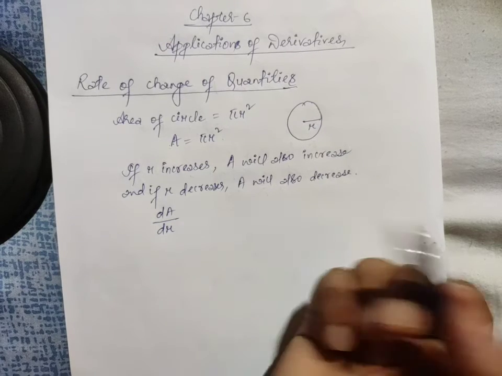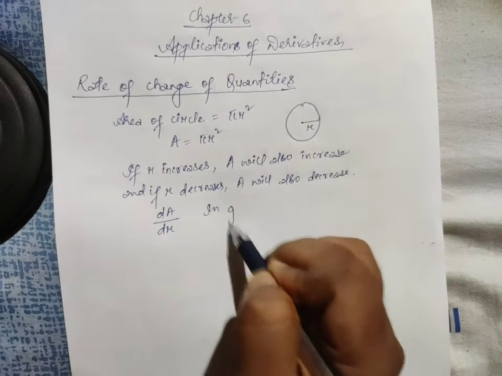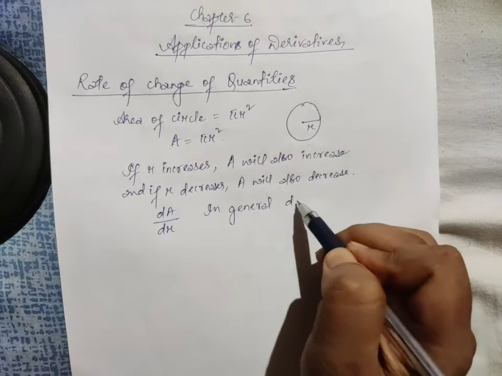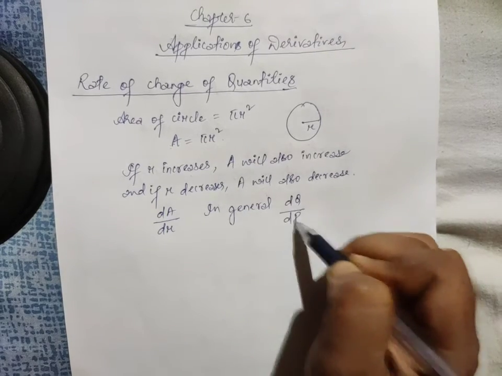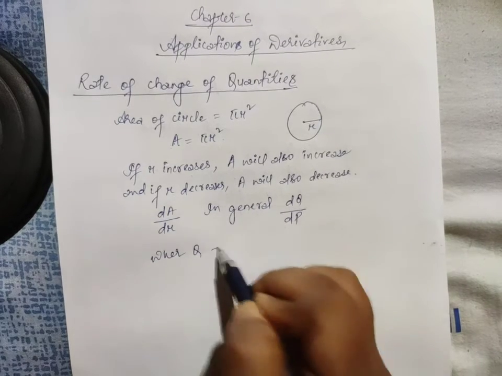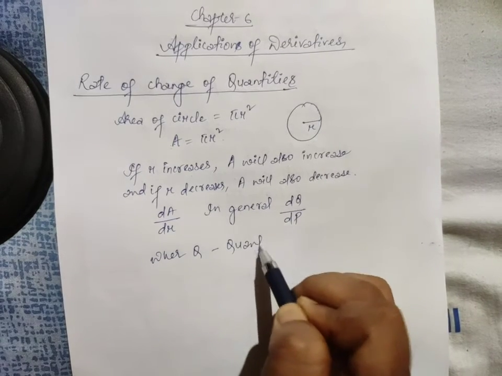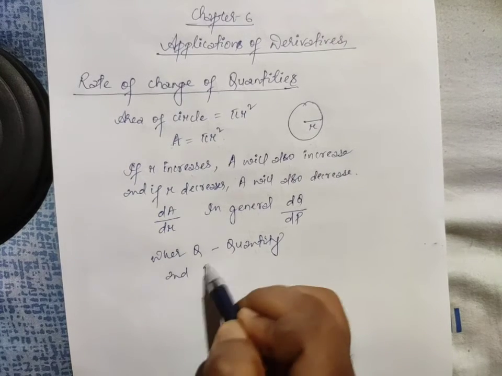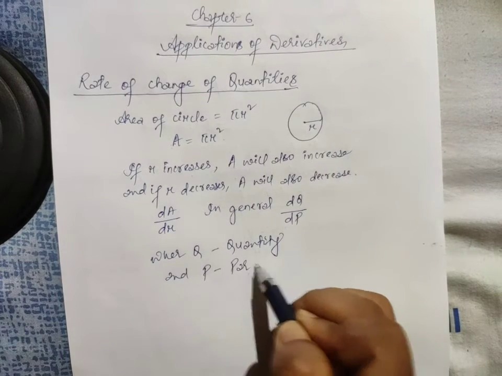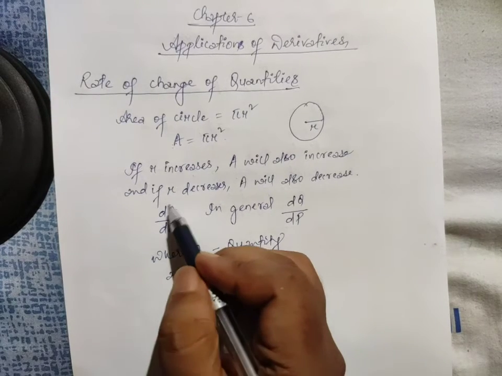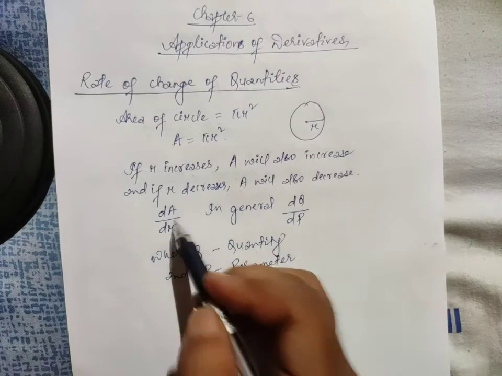Okay, in general we write like this, dq by dp, where this q is the quantity and p is the parameter. Okay, so here our quantity is A, that is area, and parameter is r.